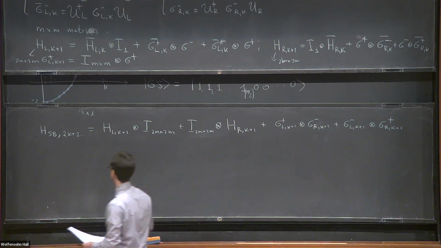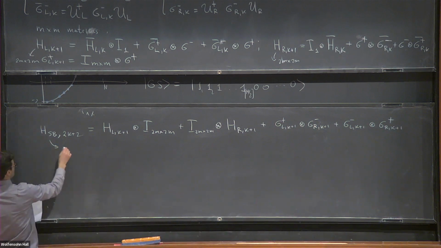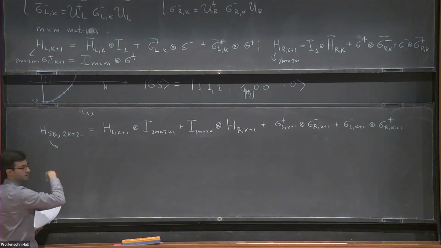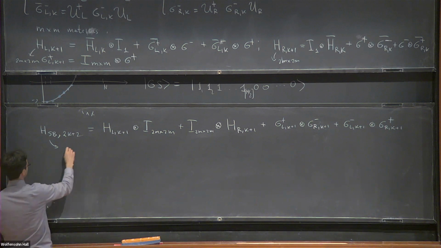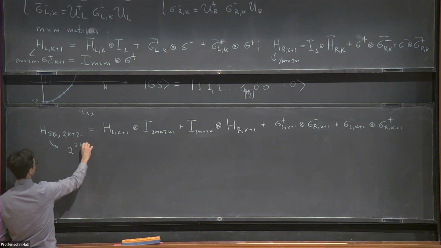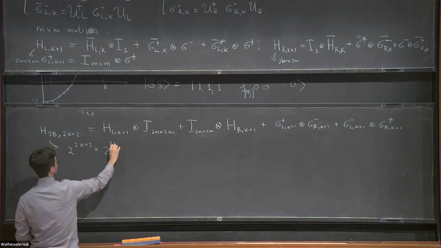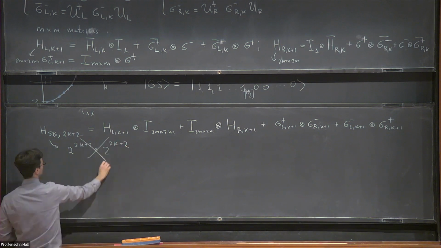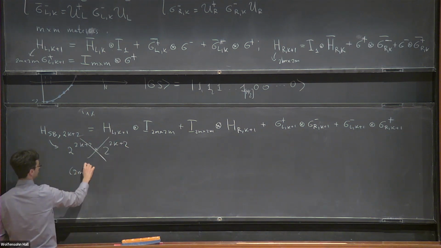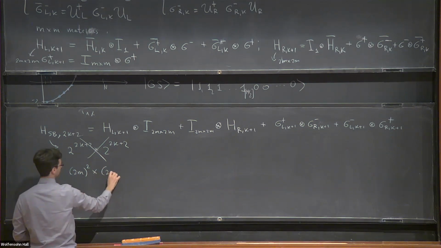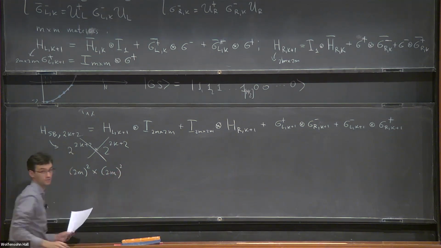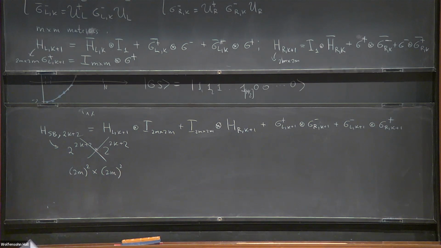So now the superblock, instead of being a 2 to the 2k plus 2 cross 2 to the 2k plus 2 matrix, is just a 2m squared cross 2m squared matrix. So it's much smaller.